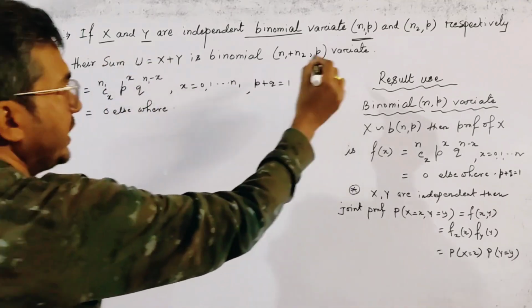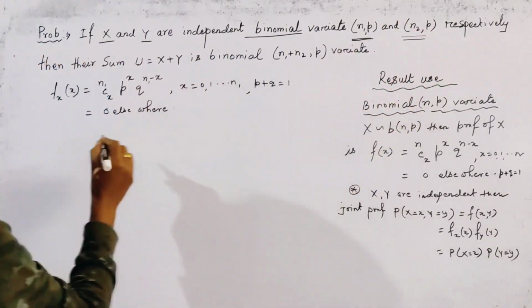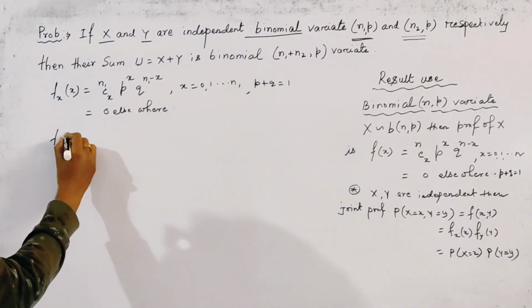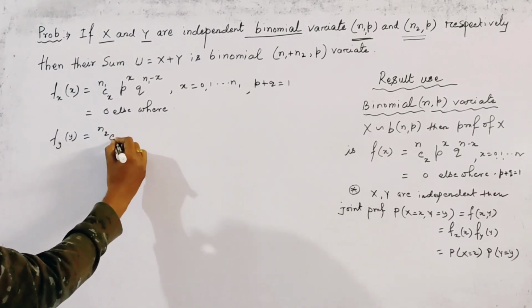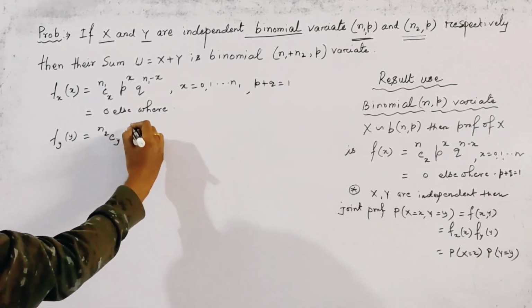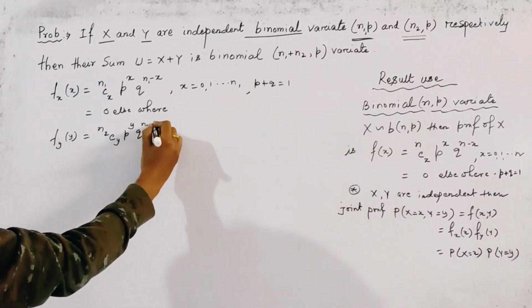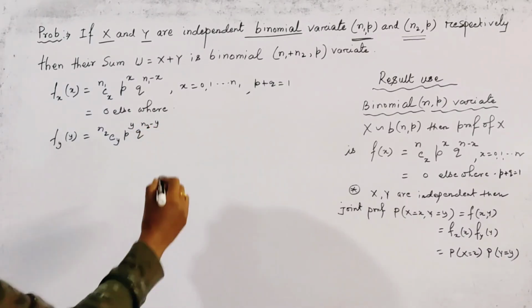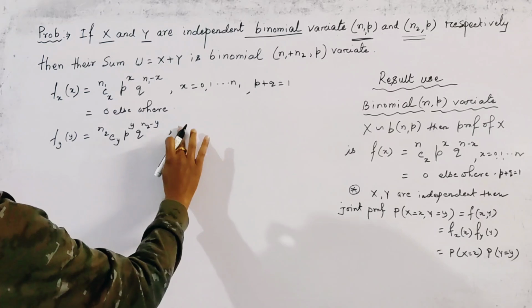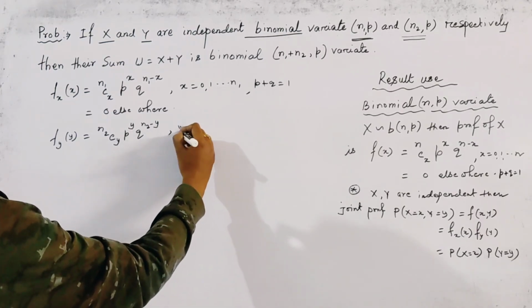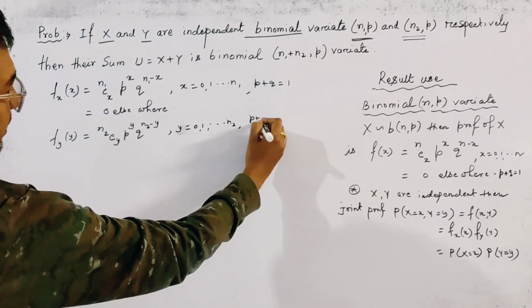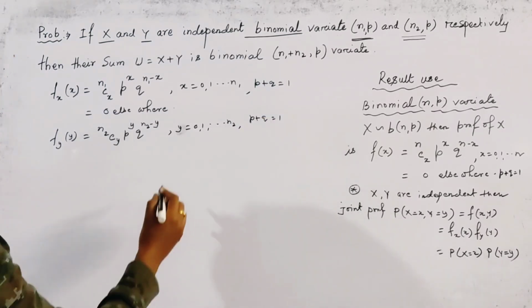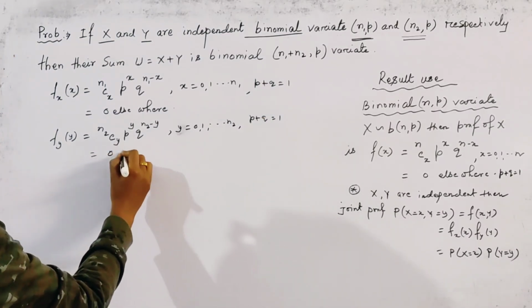Similarly, since y is binomial (n2, p), f_Y(y) is given by n2Cy p to the power y q to the power n2 minus y, where y runs from 0, 1 to n2, and p plus q is equal to 1, and this is 0 elsewhere.